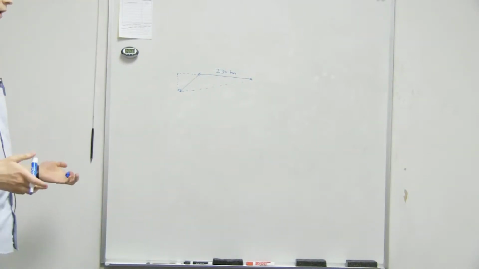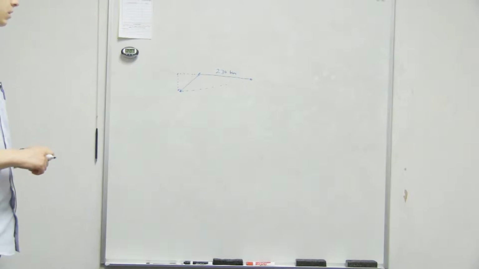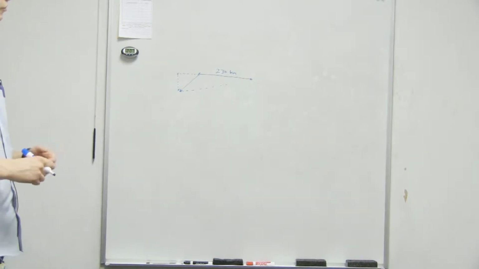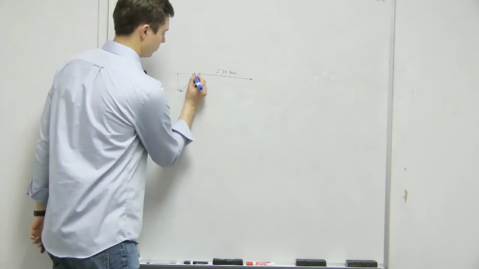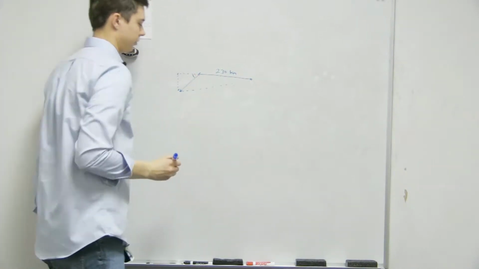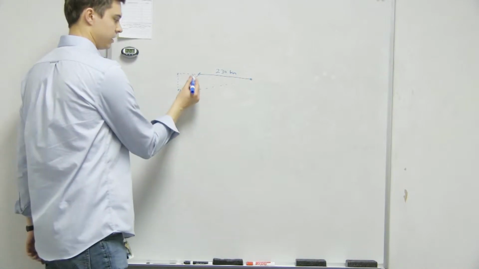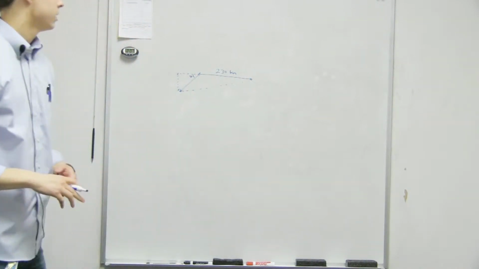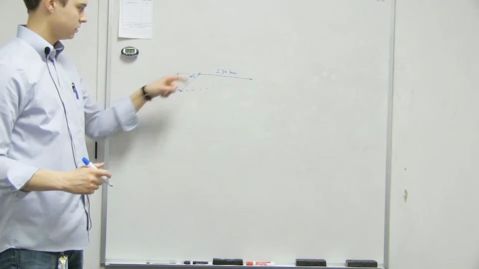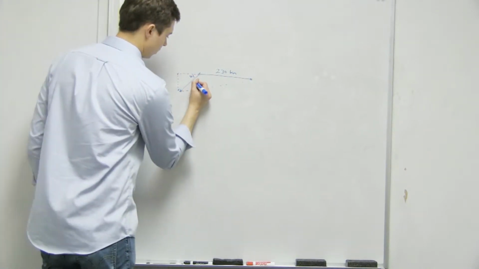Usually the question, if it's written correctly, is going to give us enough information that we can do that not only visually like this, but also mathematically. They told us that this was a 45-degree angle, and that this arrow right here was 98 kilometers long.